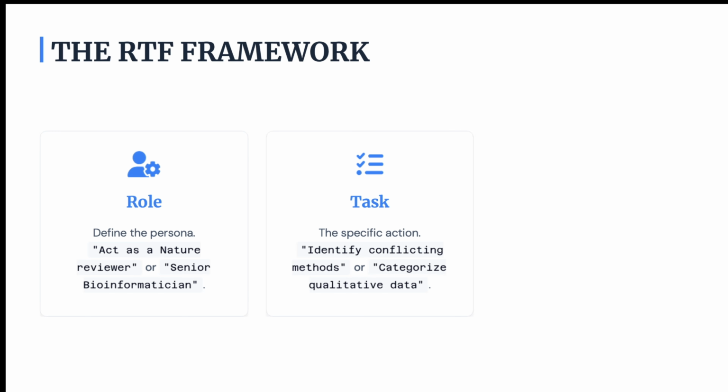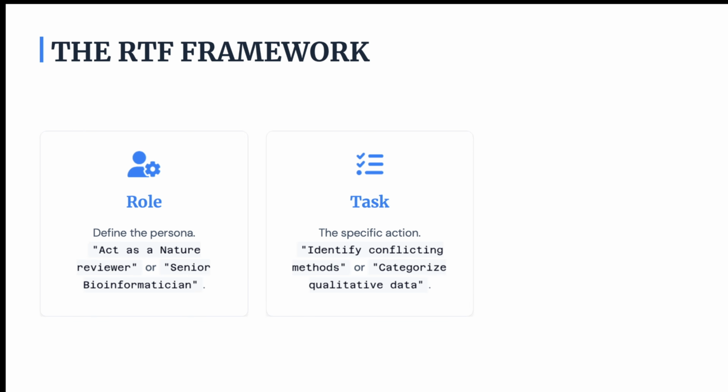And the second thing is about the task. You need to clarify what task this role is actually performing. For example, maybe we assigned the role of a reviewer and we ask it to create a research question for systematic literature reviews, which can provide contrasting research themes or conflicting methods, or maybe categorize different data sets.